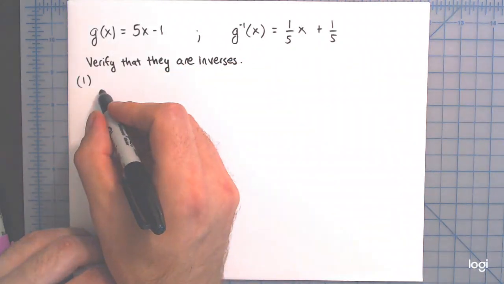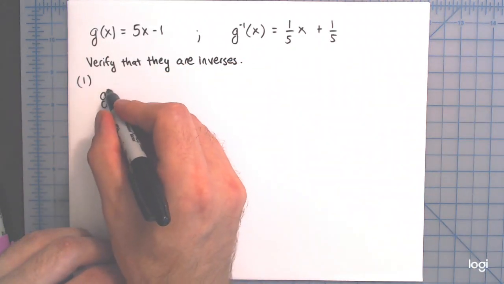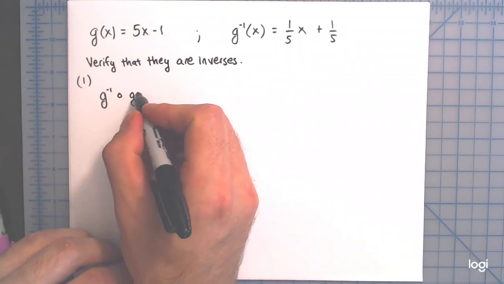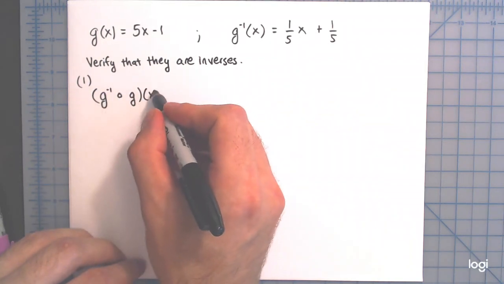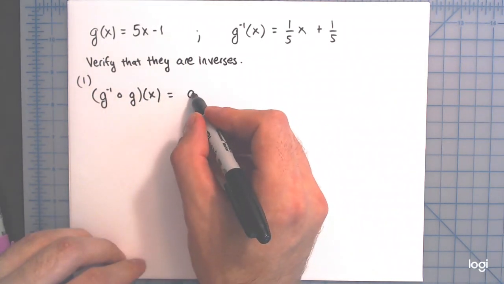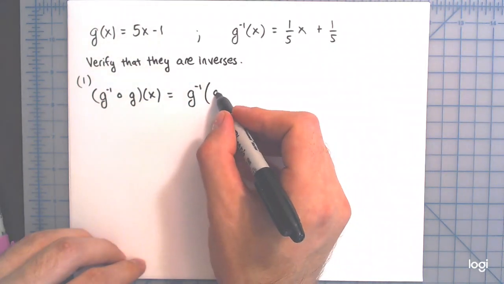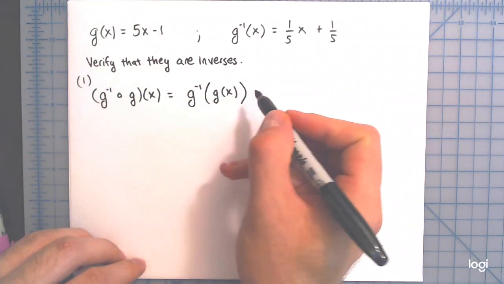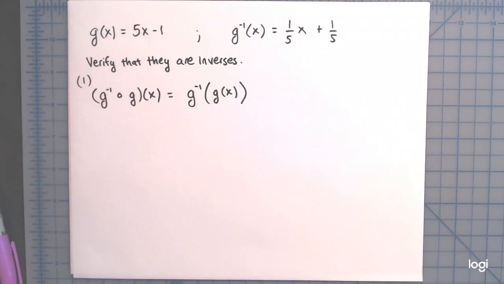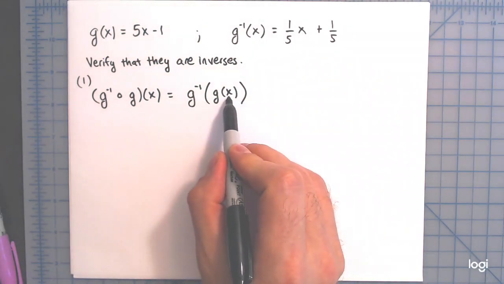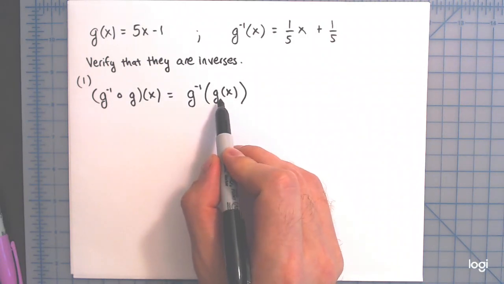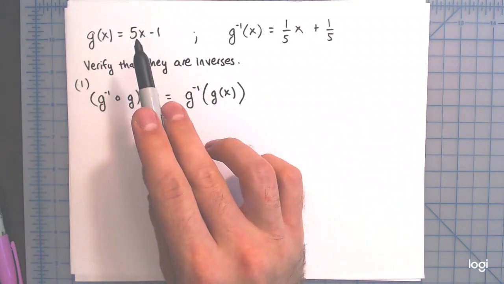So first, let's do g inverse composed with g of x. Remember you could also write this as g inverse of g of x. All right, so remember how this composition works. It's almost like from the inside out, or right to left. The number x, whatever the input x is, if it's in the domain of g, goes into g first, giving me 5x minus 1.